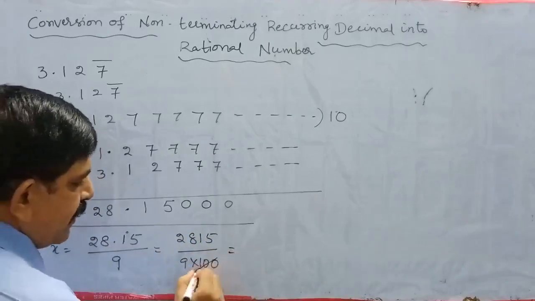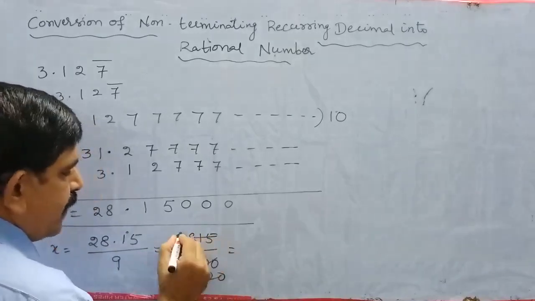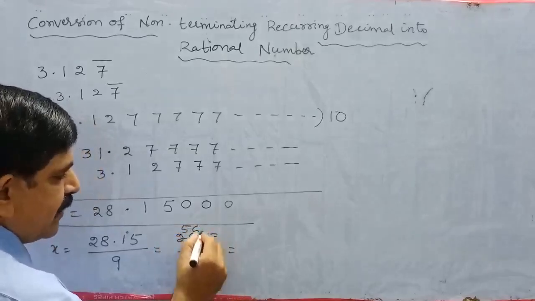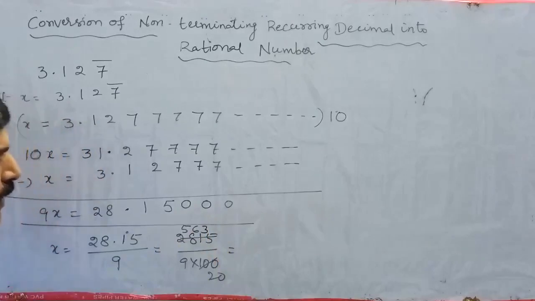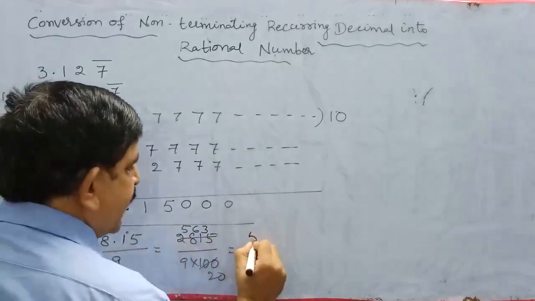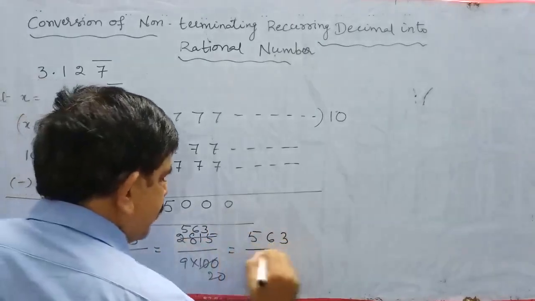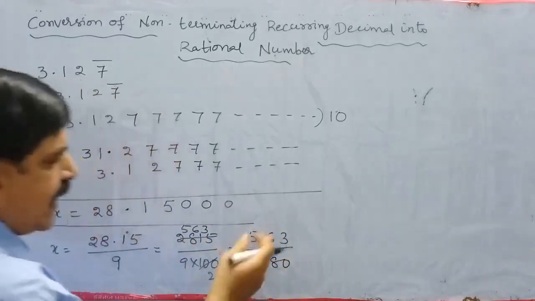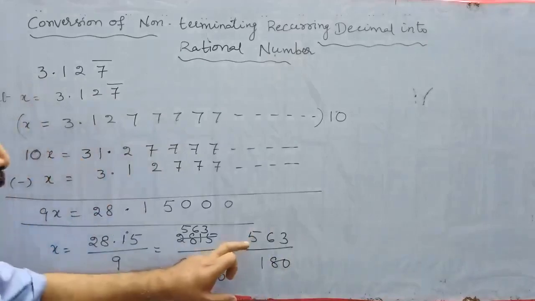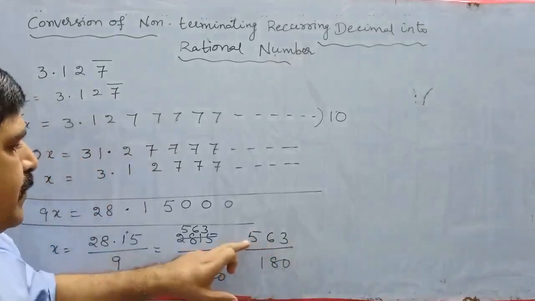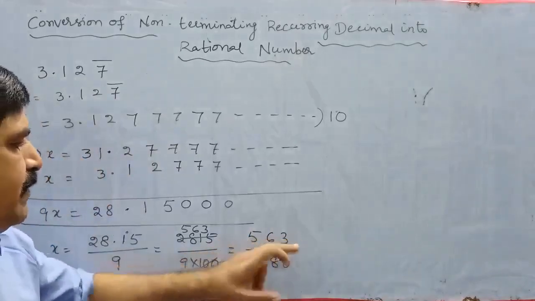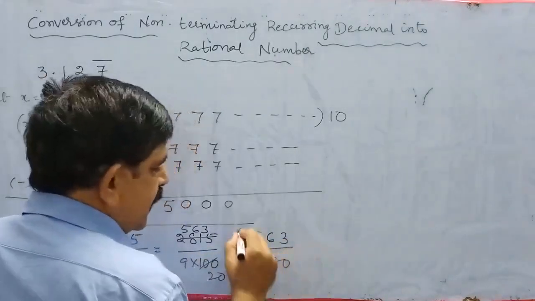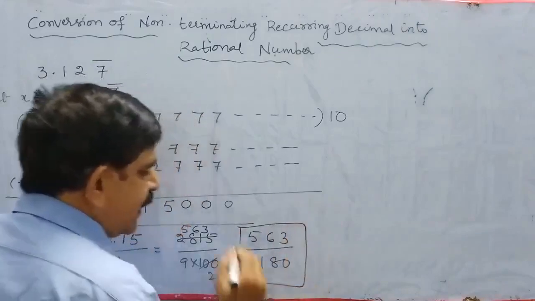Cancel with 5: 5 times 563 is 2815, and 100 divided by 5 is 20. So 563 by 9 into 20, which is 563 by 180. Is there any cancellation here? No cancellation. So this is the p by q form for the given problem.